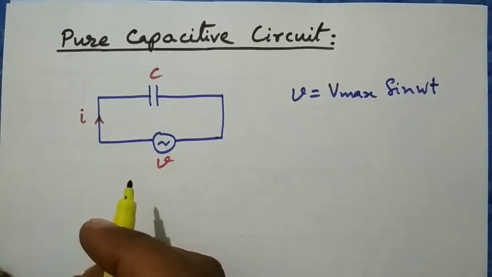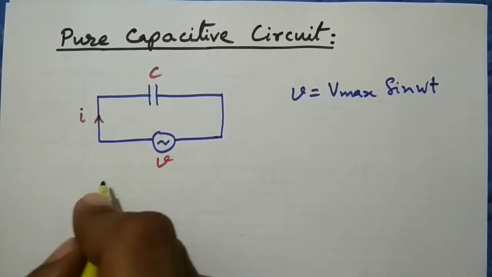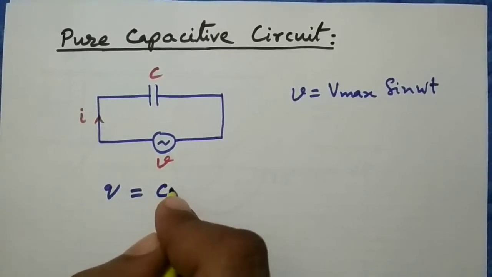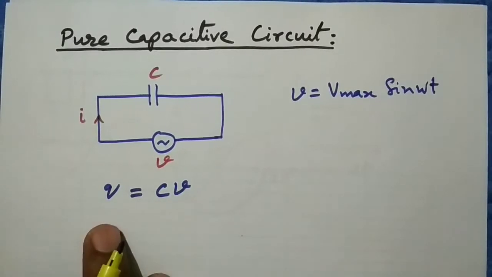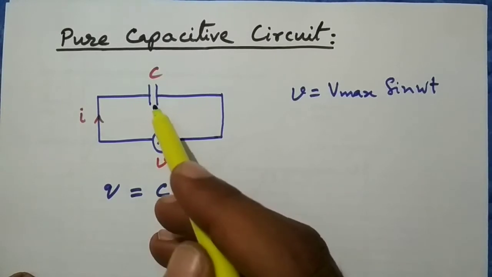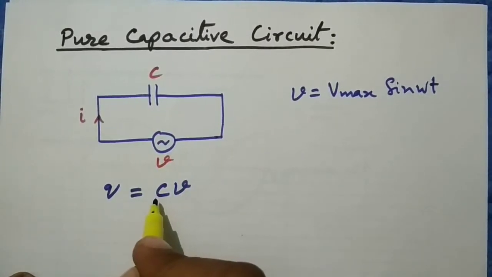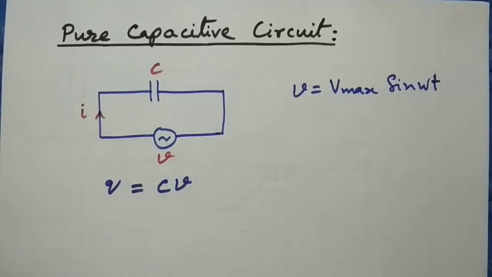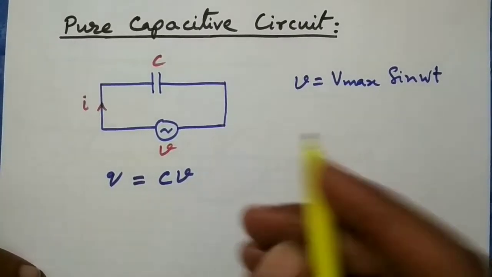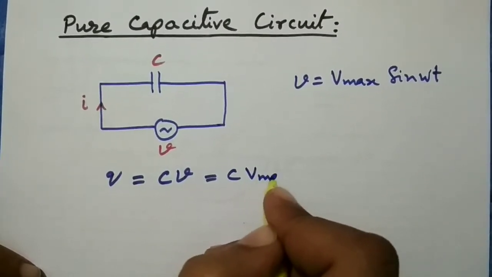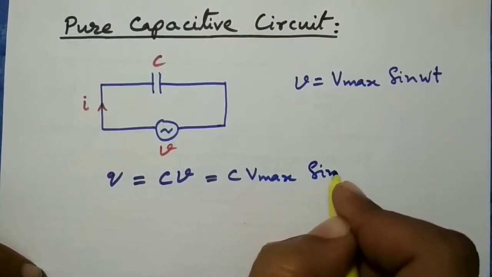The amount of charge is considered as Q. It is represented as Q = C into V, where Q is the instantaneous charge that accumulates on the capacitor plate, C is the capacitance of the capacitor, and V is the voltage applied across the capacitor, where V is V max sin omega t, so we can write it as C into V max sin omega t.